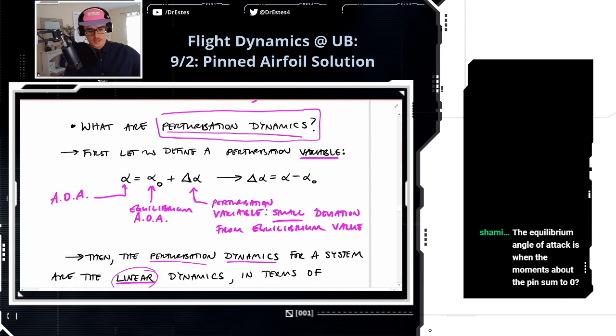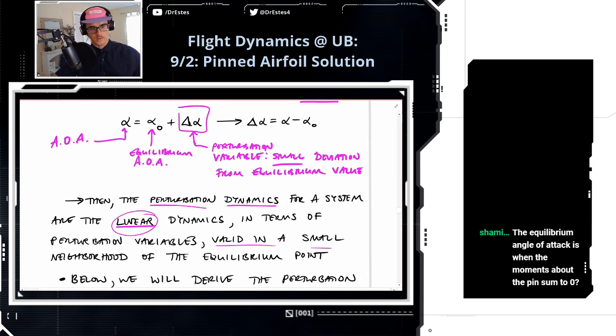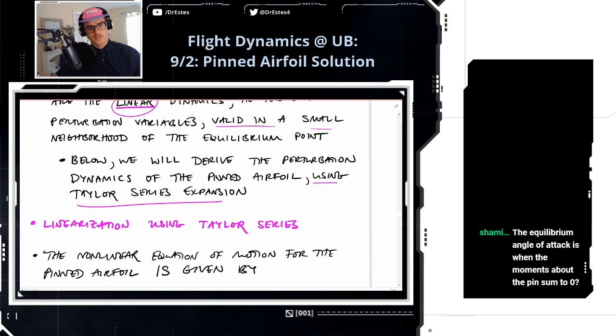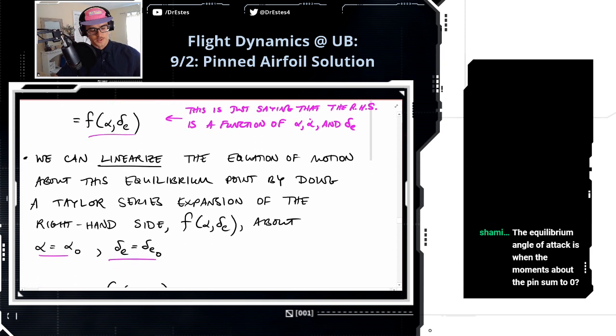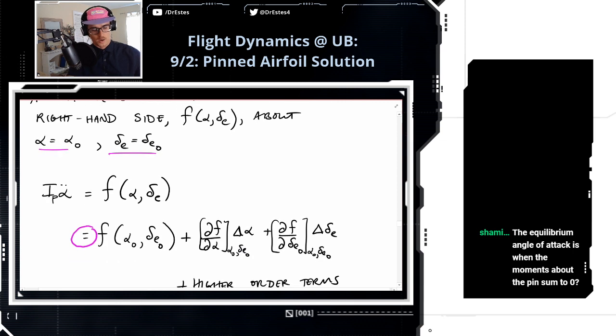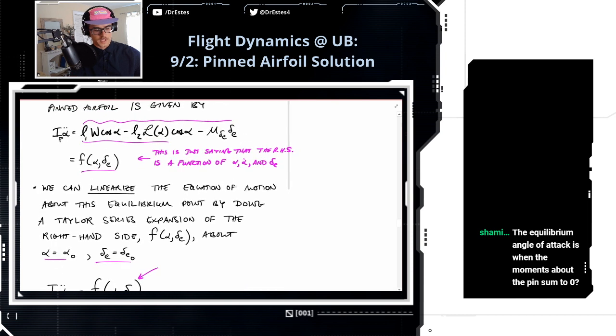So the perturbation dynamics there are in terms of perturbation variables, which you can recognize by the delta out in front. And the thing to remember about perturbation variables is that they're small. How small? Well, when we get into this Taylor series expansion, this was our nonlinear equation, but we did a Taylor series representation where we said this right-hand side function, whatever this nonlinear stuff is, we just called it f.